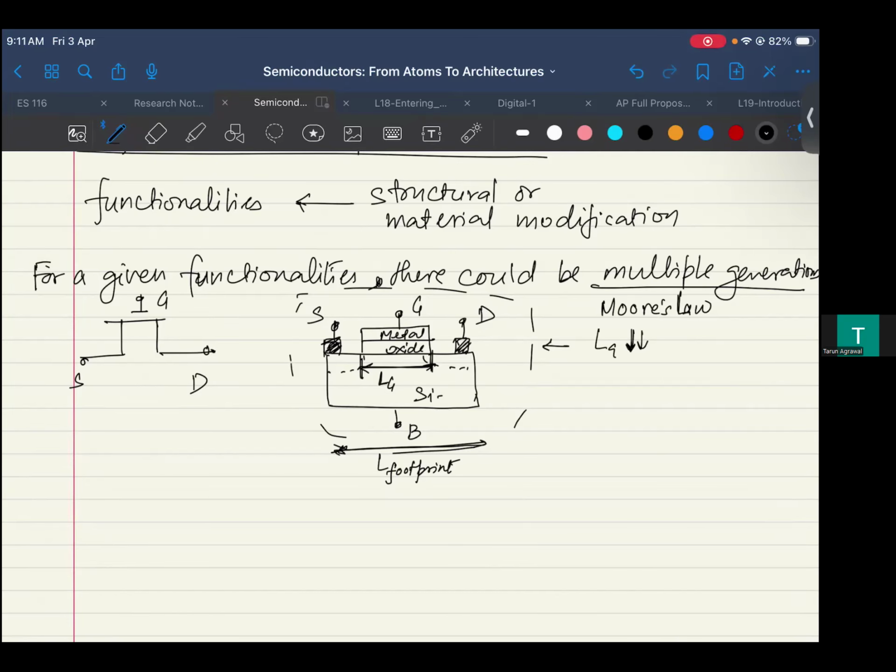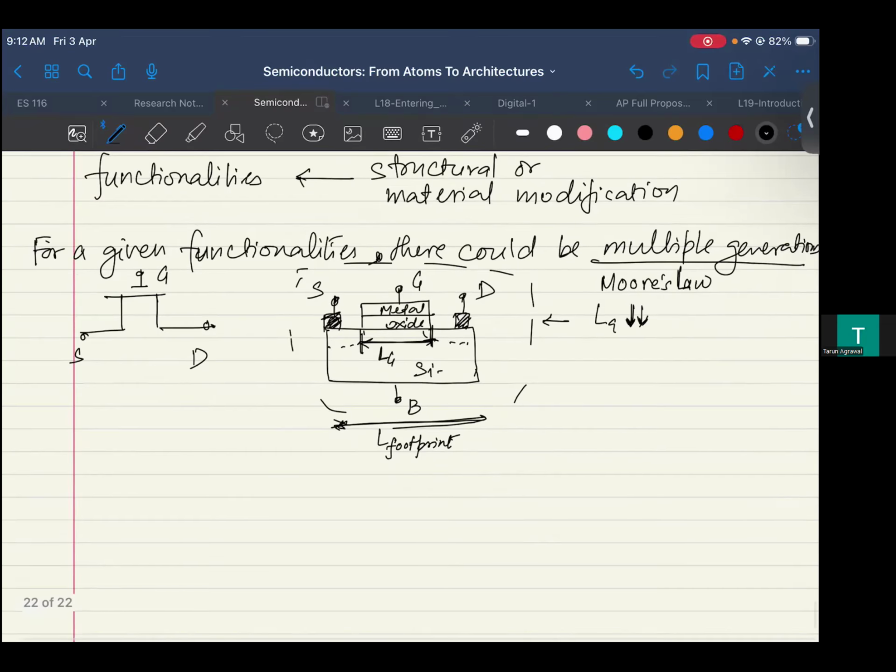Now we have to rethink how we can still meet the demand, right? Earlier, every generation we wanted lesser power, more transistors in a given area. There were different performance metrics which we can talk about in a separate video, what the performance metrics of a MOSFET are. As of now, the idea is that this transistor is not good enough for every generation.